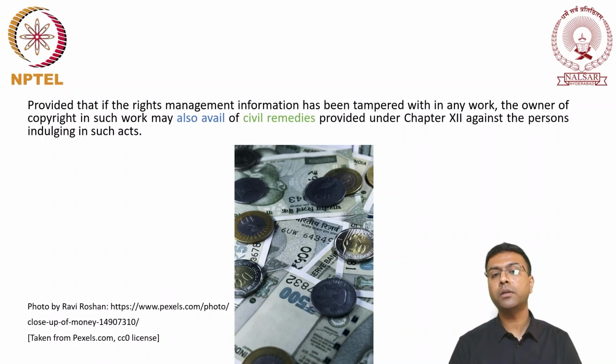The money component, which is calculable on the angle of loss which might have been resulting on account of such an infringement, is something that can be recovered through civil action.